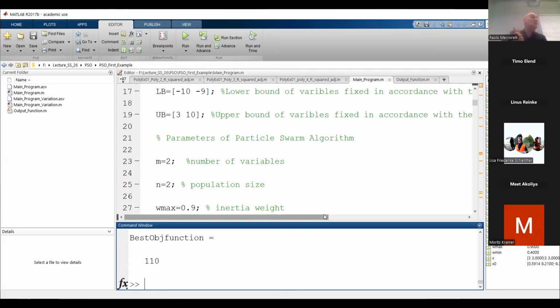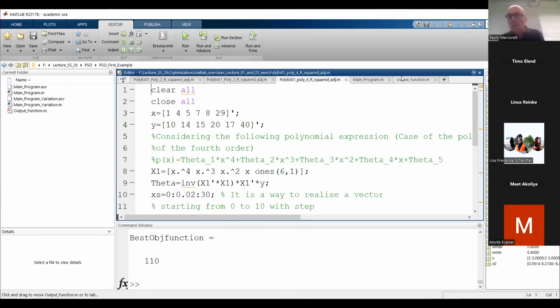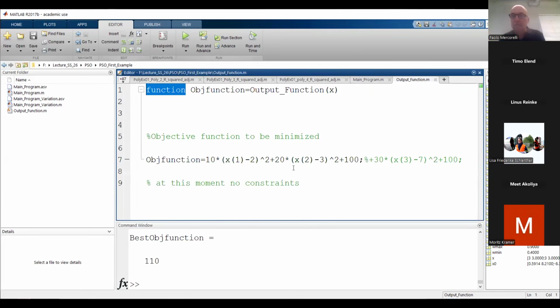Let me now reduce the dimension, to show how easy it is to modify this, and then I will show you in a real project, which is basically the same as this. Okay, let me go to the objective function.